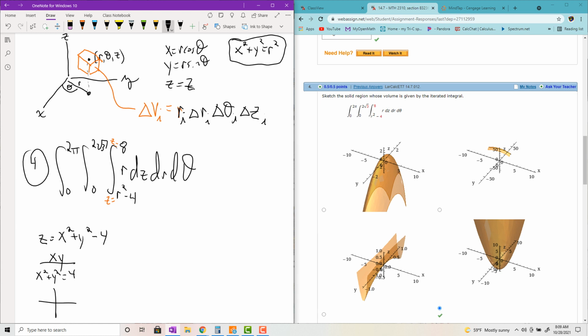So you get a circle in that plane. Look at the yz plane, so you let x equal 0, and you get z is y squared minus 4, which is a parabola shifted down 4 places. And then look in the xz plane, and you get sort of the same thing. z equals x squared minus 4, which is just another parabola shifted down 4 places. So elliptic paraboloid, and that will be the bottom curve, right?